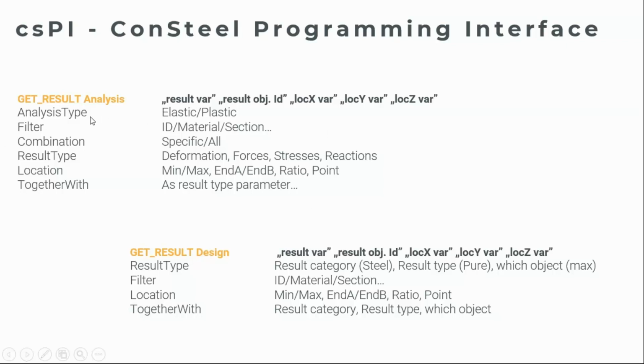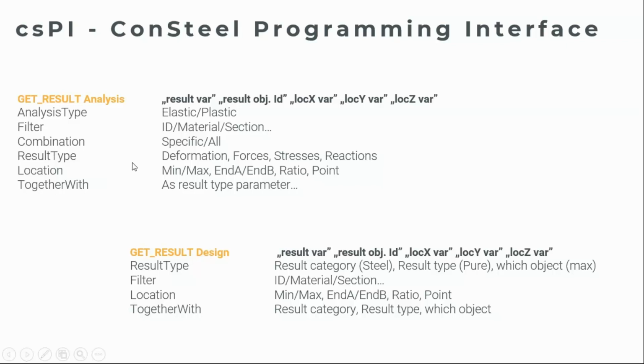So you set the type of analysis you want to get results from, elastic or plastic analysis. You give filters for what kind of sections you want to get data from, or which materials should be used for the get result command, and also which combinations you want to use.